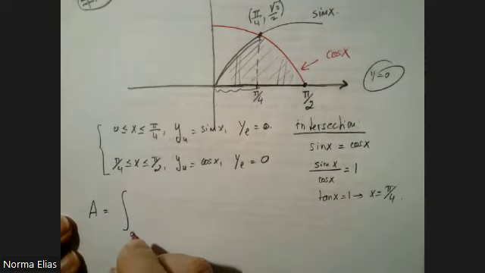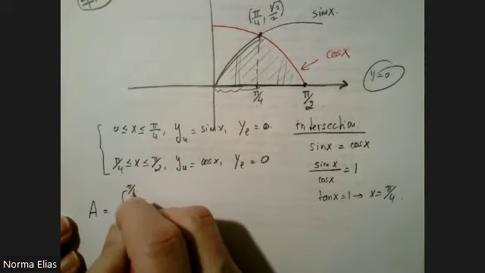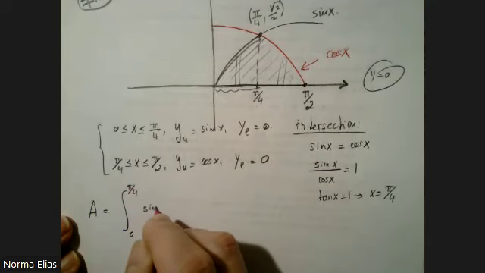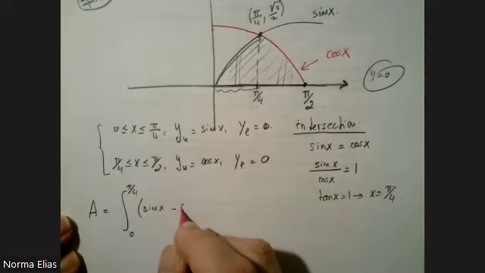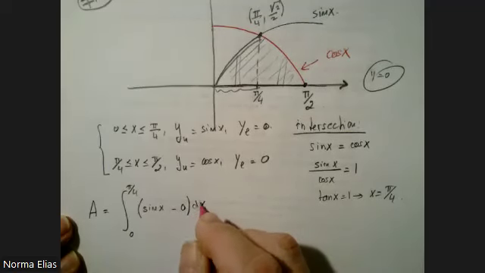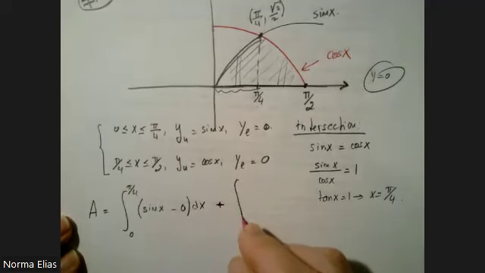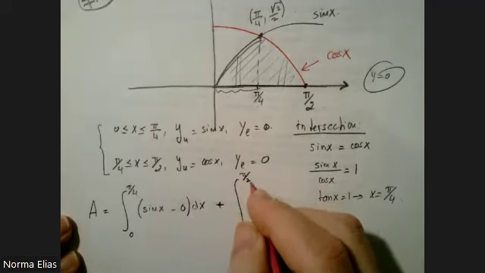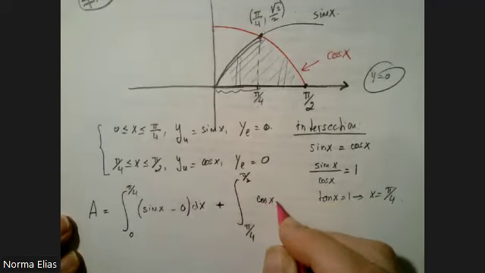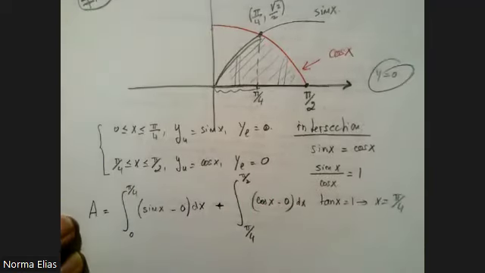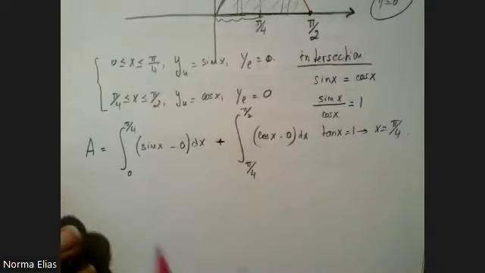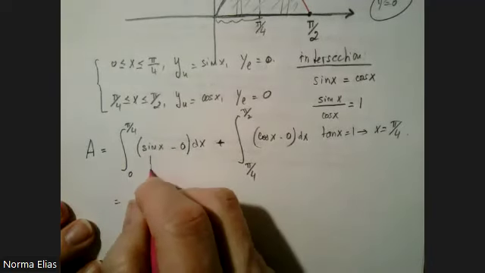So the area is going to be, we have to split. So it's the integral from 0 to pi over 4 of sine x minus 0, you don't have to write it, dx, plus the integral from pi over 4 to pi over 2 of cosine x minus 0 dx. And now the rest is fairly simple. Now we just evaluate.